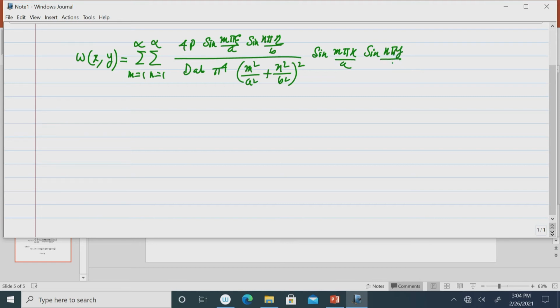So, we have derived the expression for the deflection surface of the plate, a rectangular plate simply supported along all edges subjected to a concentrated load.